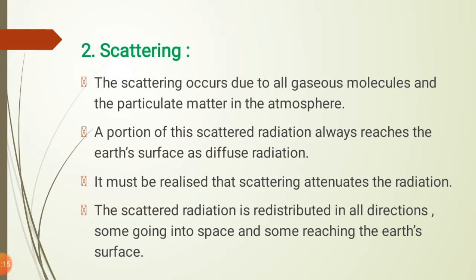The intensity of the scattered radiation is very less compared to the radiation coming directly to the earth surface. Now this is the scattering. These two mechanisms, absorption and scattering, are very important. When the radiation reaches the earth surface, they affect the intensity of the radiation.